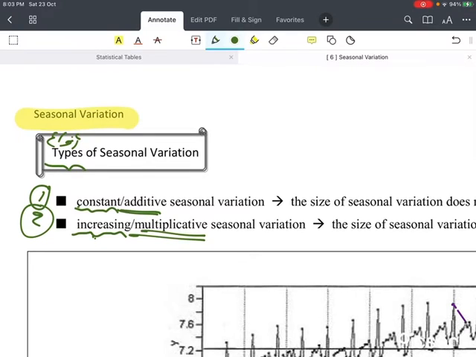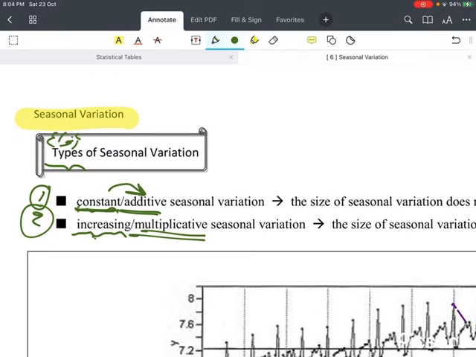They are the same thing with two names: constant seasonal variation or additive seasonal variation. And the second type is increasing or multiplicative seasonal variation.